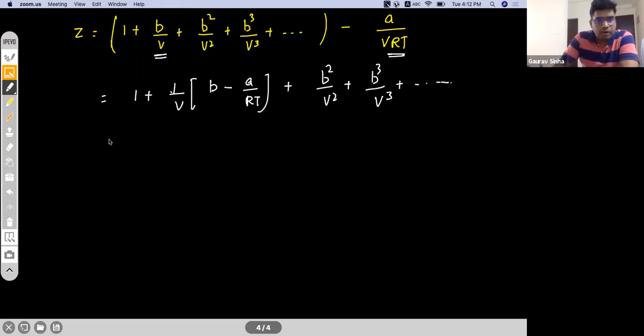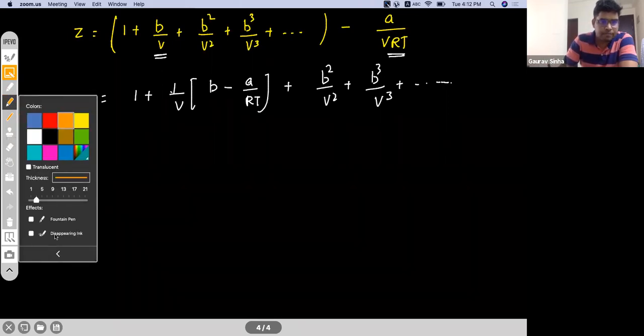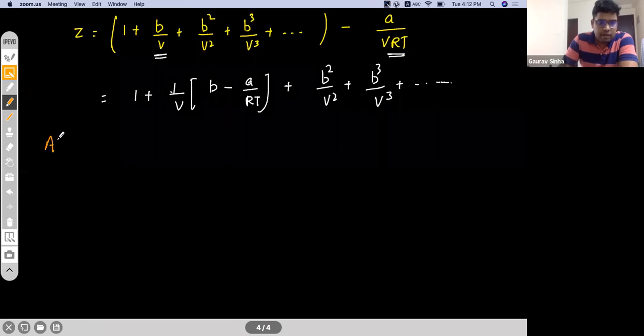Okay. Now we are taking the condition of low pressure, because we know a real gas behaves like an ideal gas at low pressure and high temperature. So at low pressure, what happens?